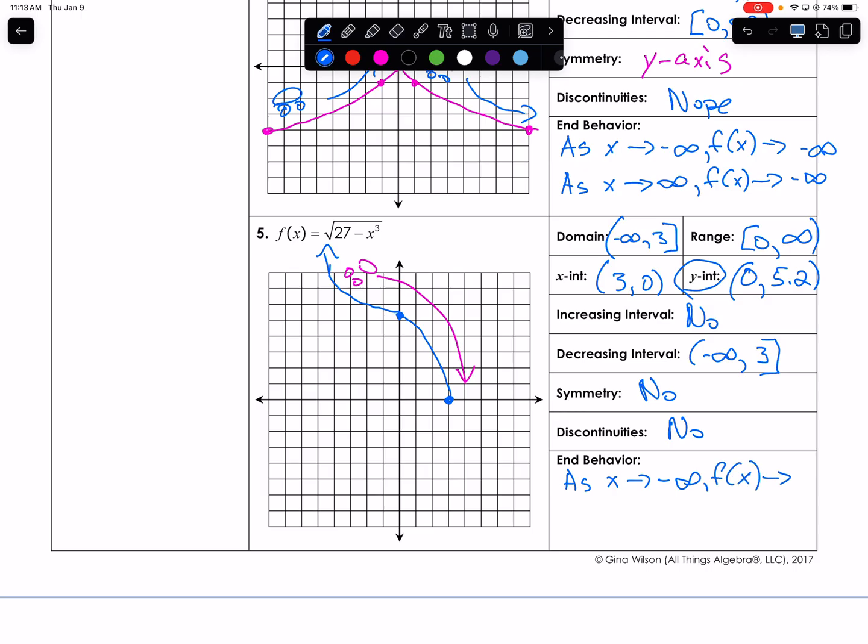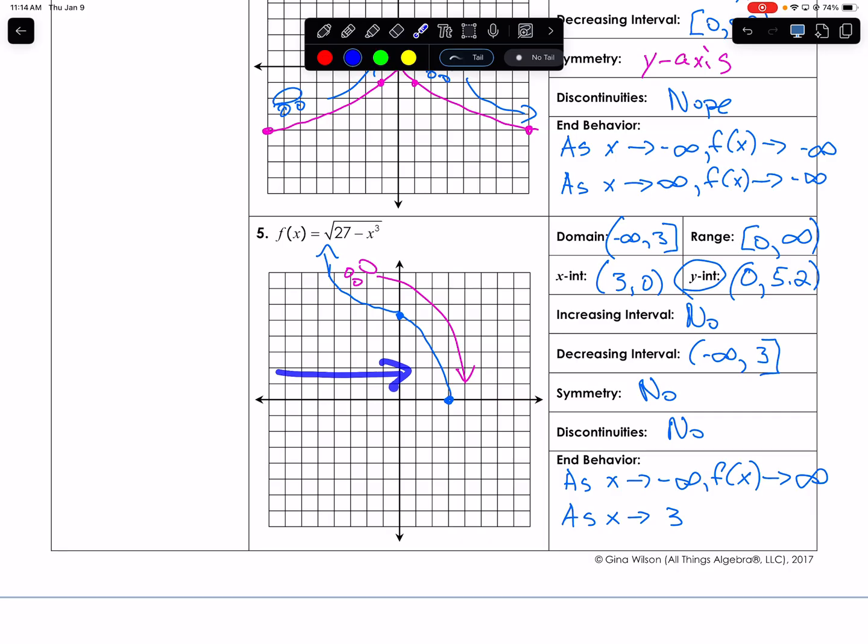Then if we go the opposite direction, as x goes this way, as x goes to 3, what does y do?